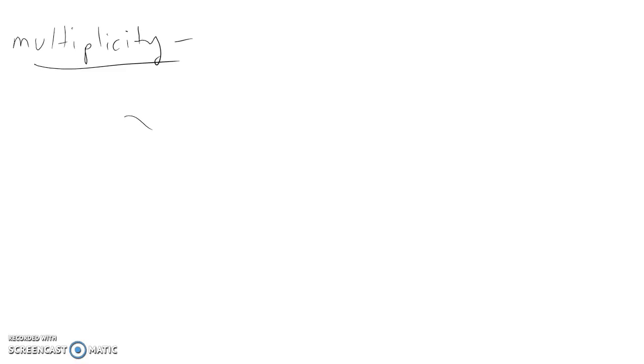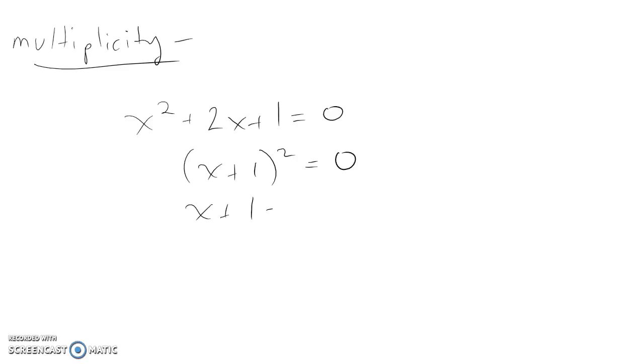If I had the equation x squared plus 2x plus 1 equals 0, and I were to solve this by factoring, I know that that factors to the square of the sum x plus 1, right? And we'd say, okay, by the zero product property, either x plus 1 equals 0 or x plus 1 equals 0.